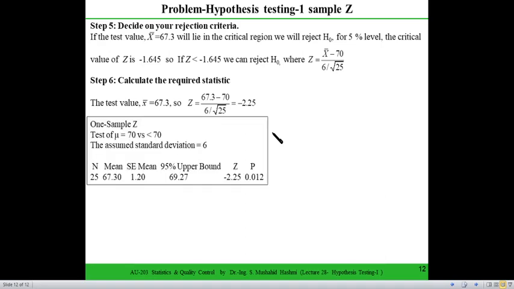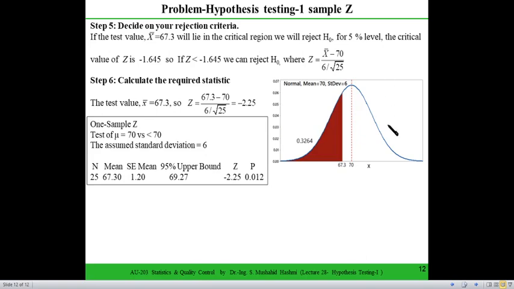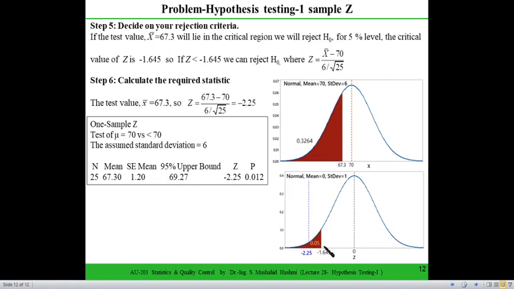So you can see in Minitab, for example, if you calculate the area under the curve when your x score is 67.3, then this would be the area under the curve. And if you calculate the z value, the critical value of z is minus 1.645 when your area is 5% on the normal distribution curve.